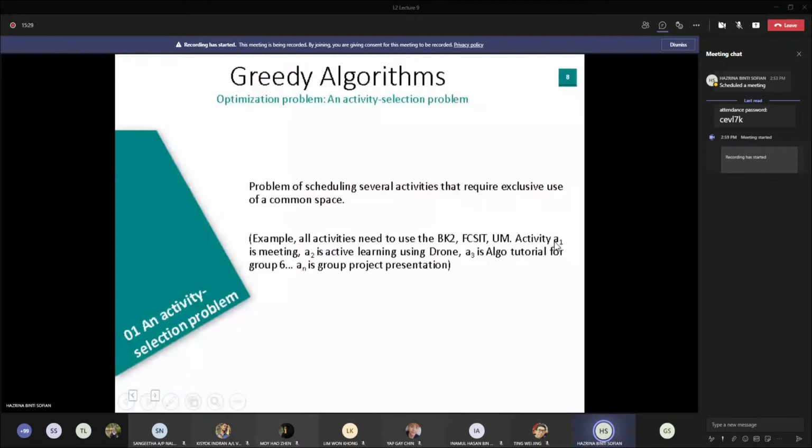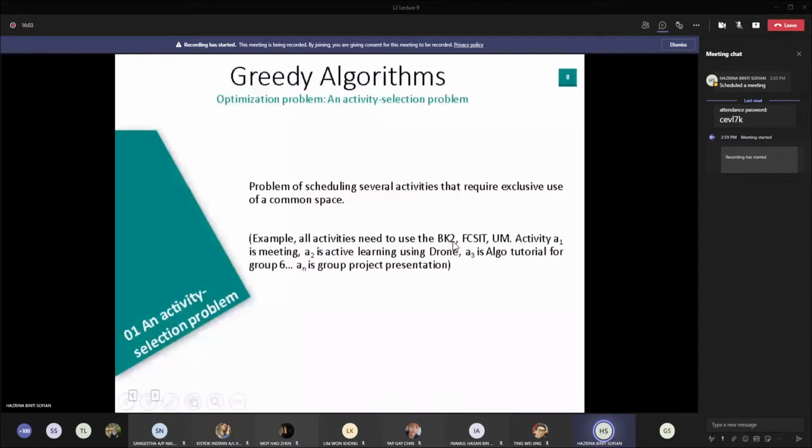So for example, activity 1 is a meeting among lecturers, who insist on using that BK2. The second activity is active learning using a drone. Then maybe the algorithm tutorial for group number 6, and then we have other activities. All of these need to use BK2.